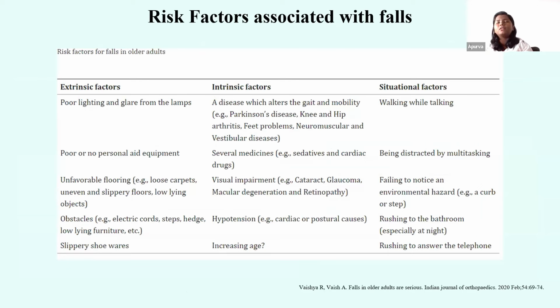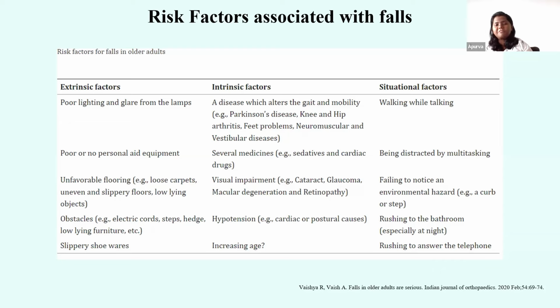As we all know, falls have both intrinsic and extrinsic risk factors. Intrinsic risk factors will be anything associated with the patient, structurally or functionally. So any previous history or disease like PD, or any hip or knee post replacement, or even other arthritis issues of the hip and knee, or any vestibular disorders or neuromuscular disorders, such patients have a higher risk of fall.